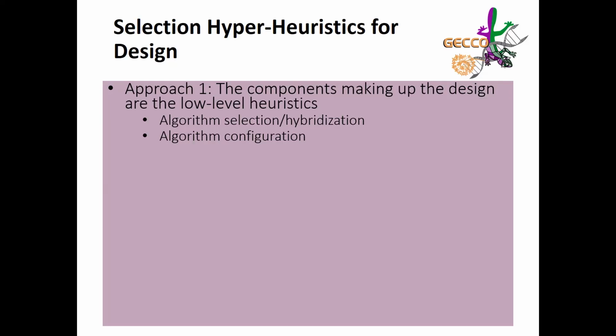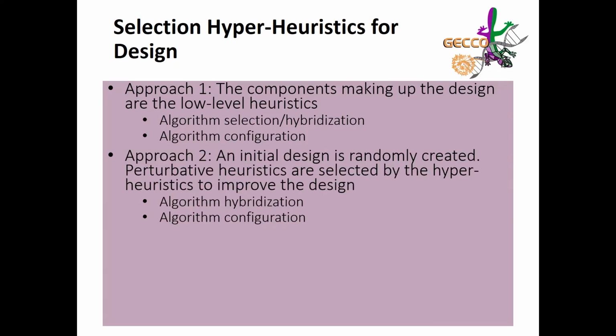The one thing we found is that it makes your search space even bigger, so that you're no longer working in a solution space, you're working in a design space. So the second approach that we looked at is that you randomly create whatever your design is. If you want to hybridize meta-heuristics, you randomly create that string of hybridized meta-heuristics, and you can have different meta-heuristics with different parameters.